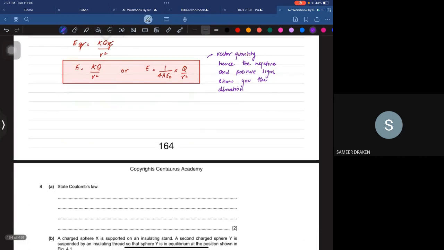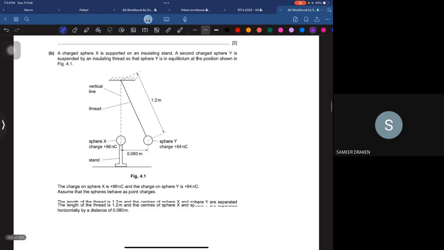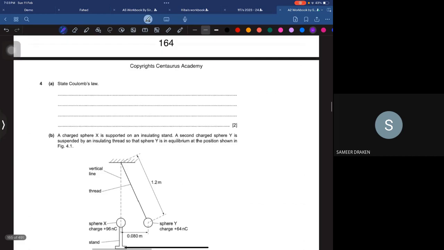Now let's check out this question, okay? In this question, it says state Coulomb's law. I'm going to give you this as homework because we have just done it, and it's better that you complete this part.